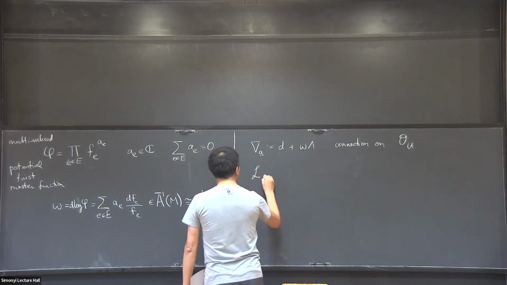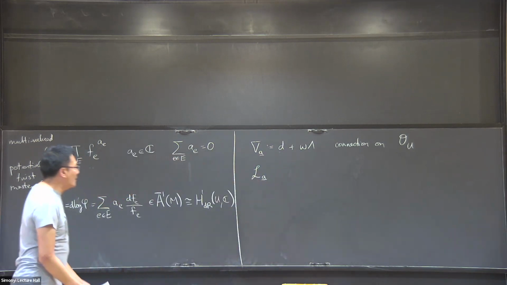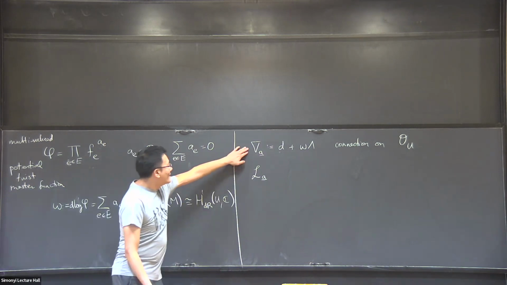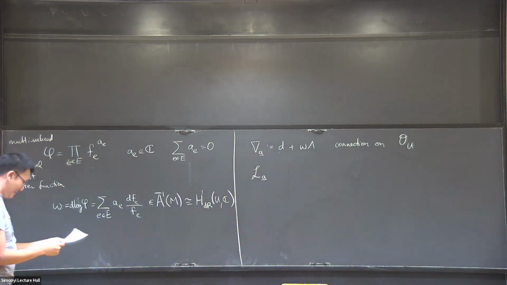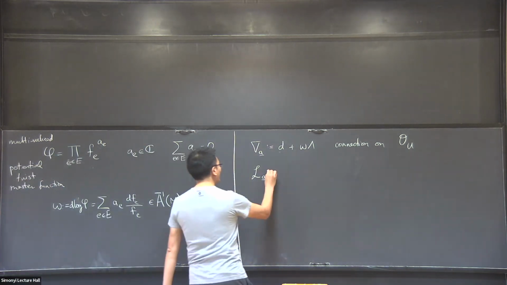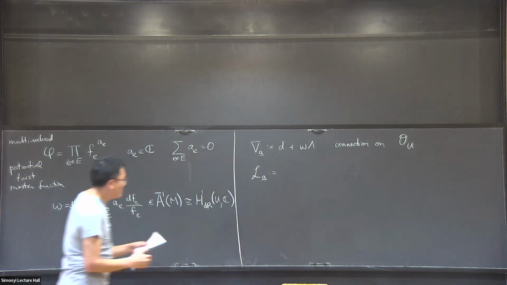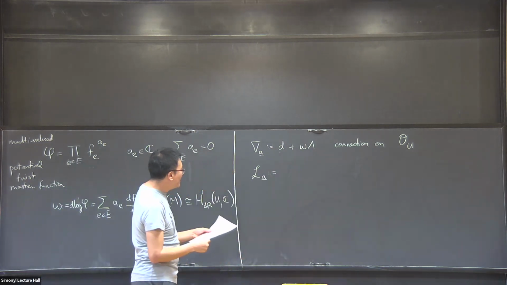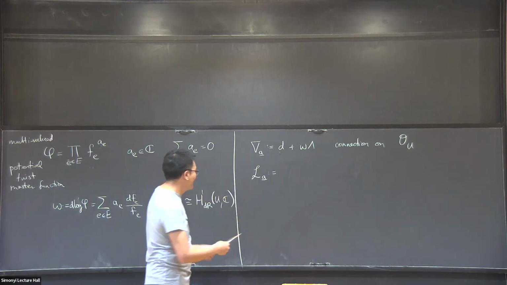And then, I'll say more about this, but I'll give you all the notation first. And then there's also a rank 1 local system, which is the sheaf of local solutions to this.